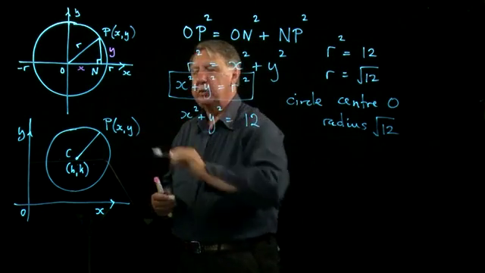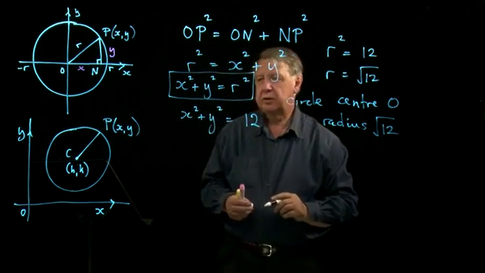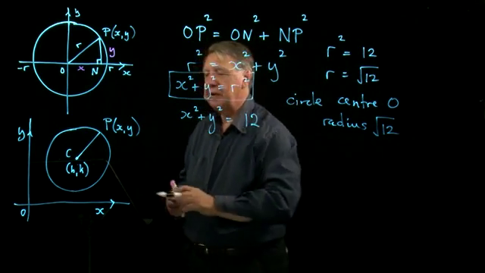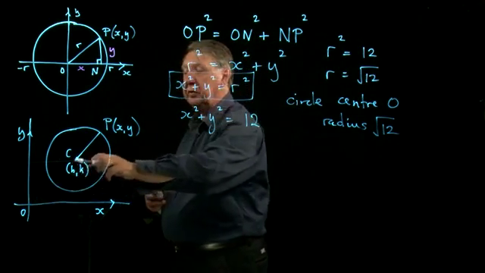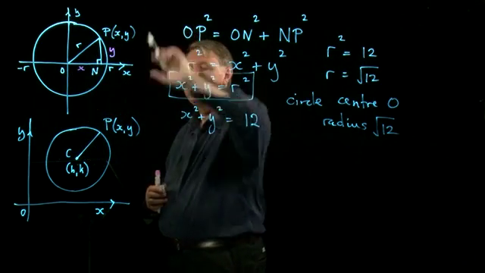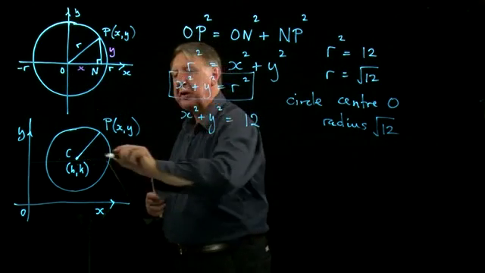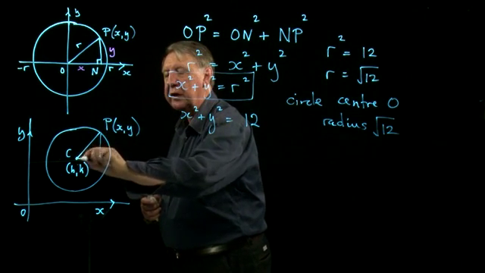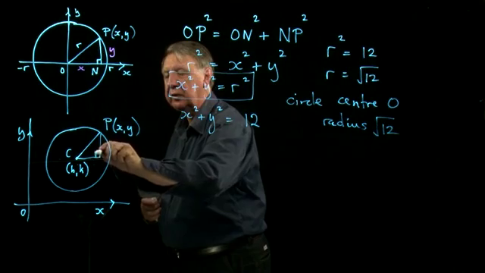Now let's move on to the second diagram down here. In this diagram, the centre has been moved. The whole circle has been moved as a result. But I can still draw a right-angled triangle there.